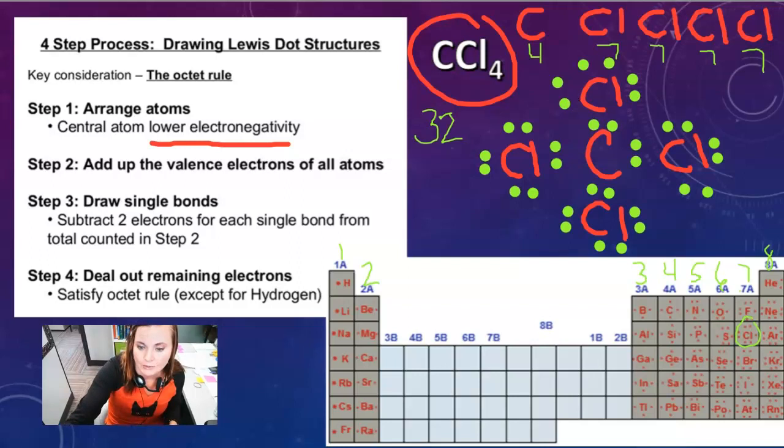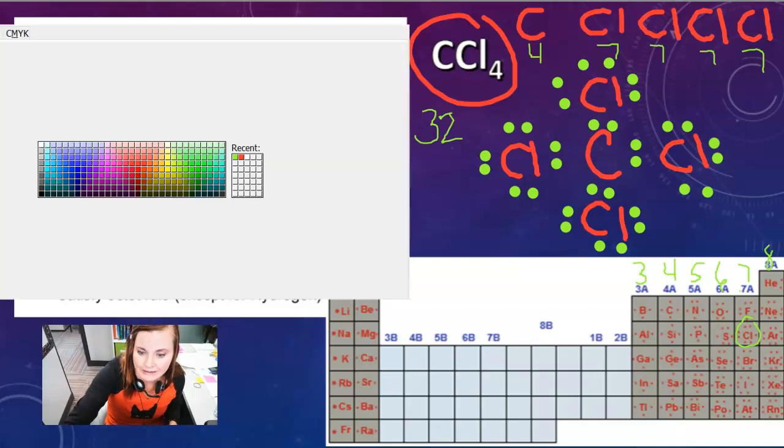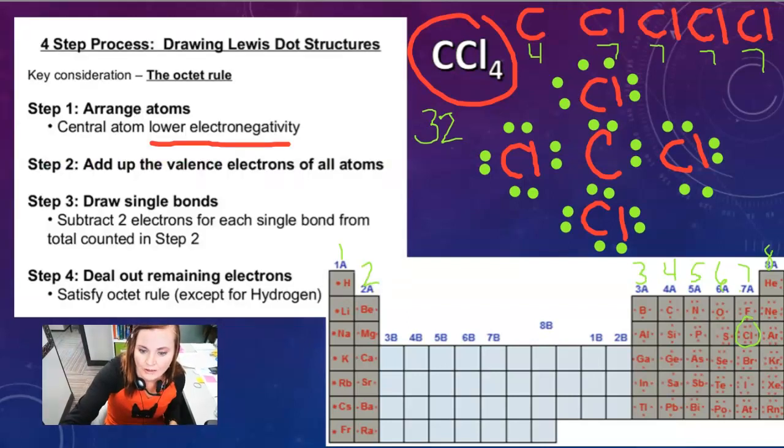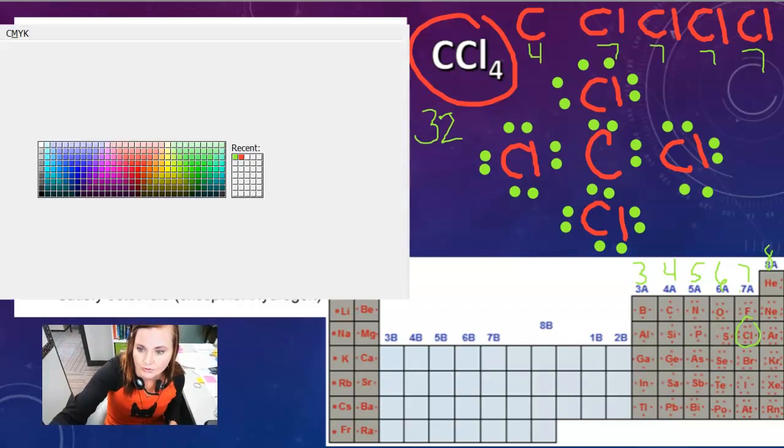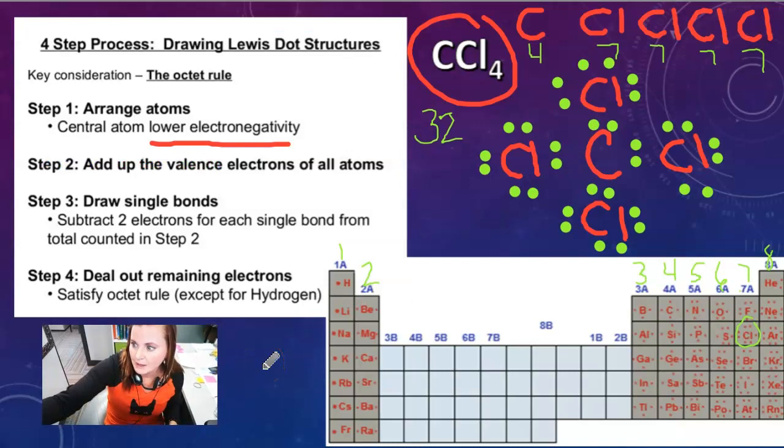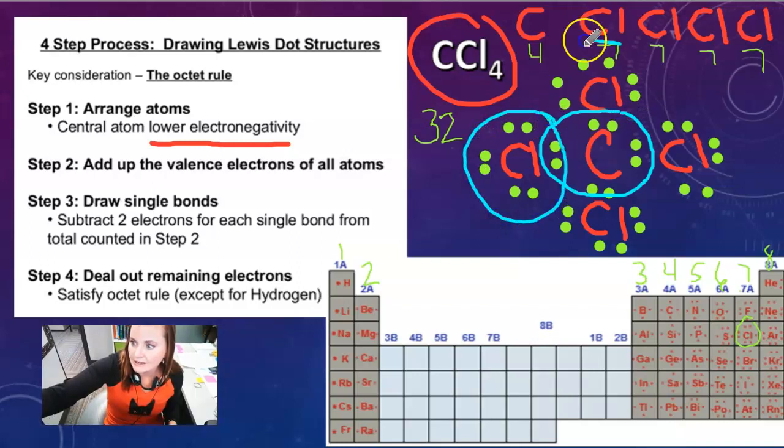Okay? So when I look at this, I have to decide, do all of them have access to 8 electrons? Our carbon has these 8. Each chlorine has its own set of 8. No more, no less.